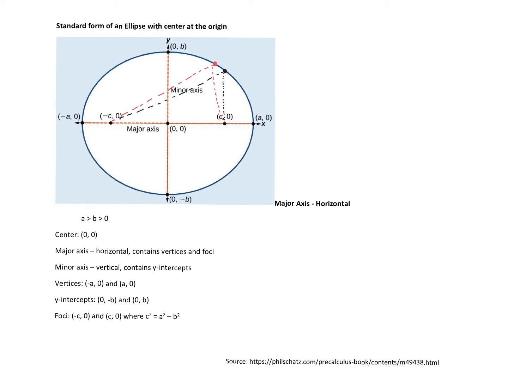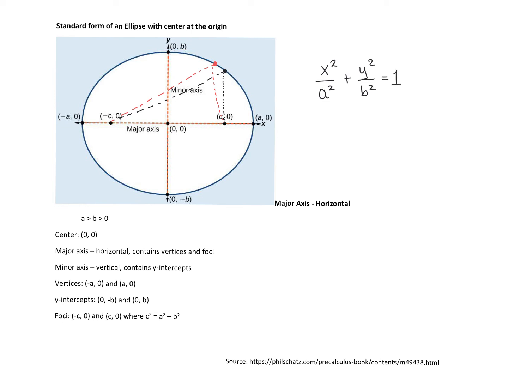The standard form of an ellipse, centered at the origin, is x squared over a squared plus y squared over b squared equals 1.